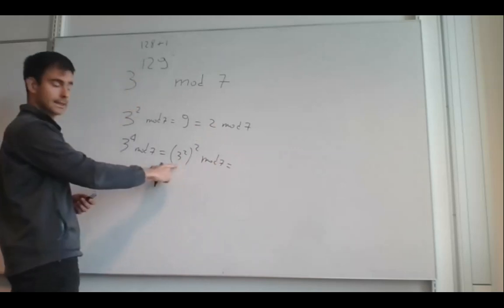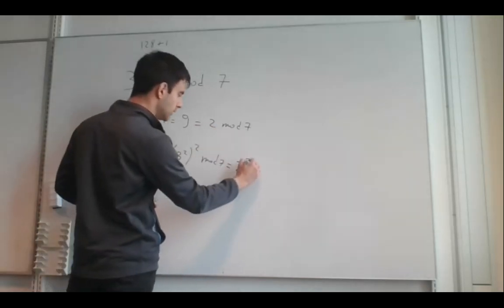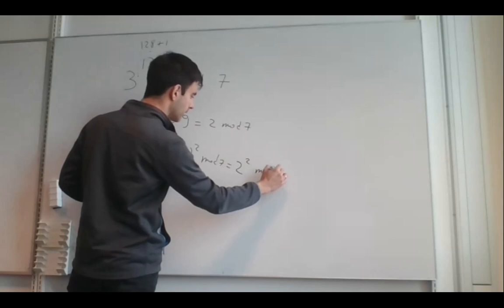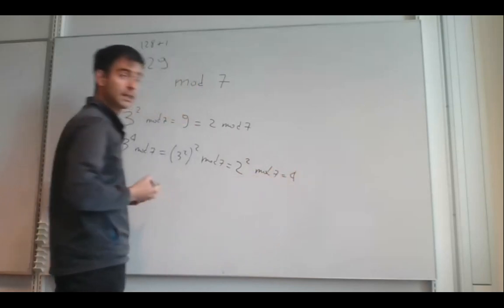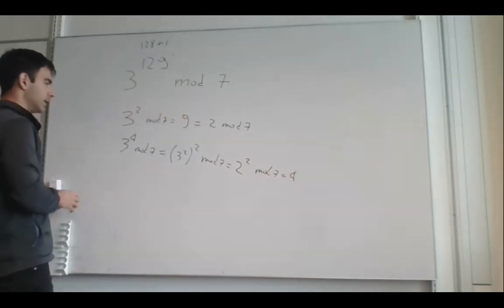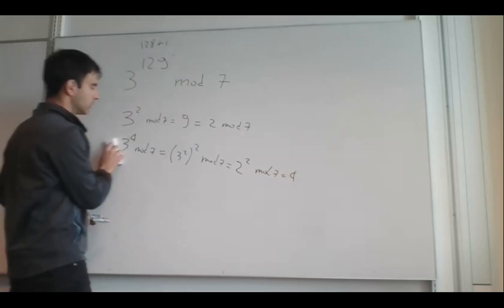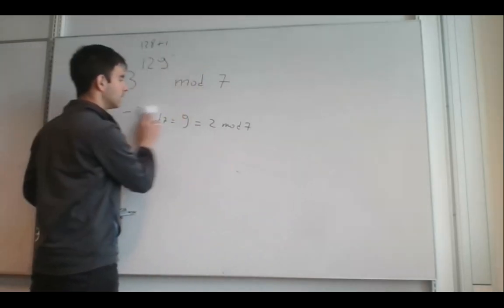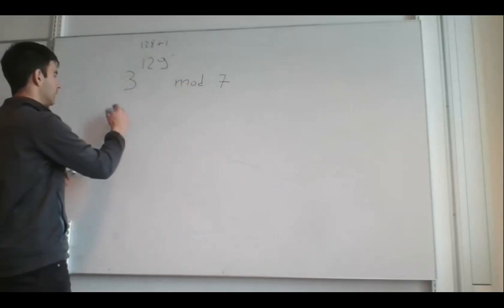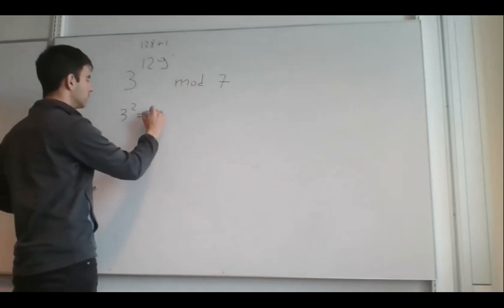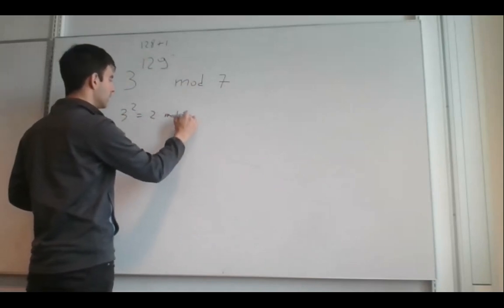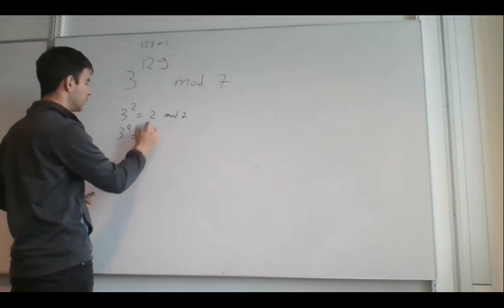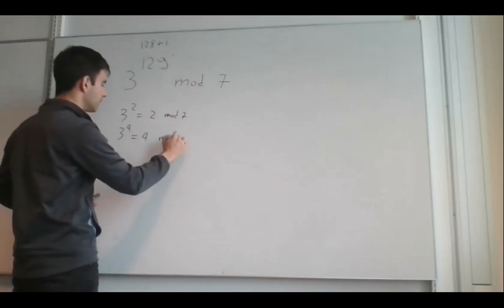But since I already know this is 2, this is 2 squared modulo 7, which is equal to 4, which is a much smaller number to deal with than the others. So in fact, now I can just write that 3 squared is equal to 2 mod 7, and 3 to the 4 is equal to 4 mod 7.